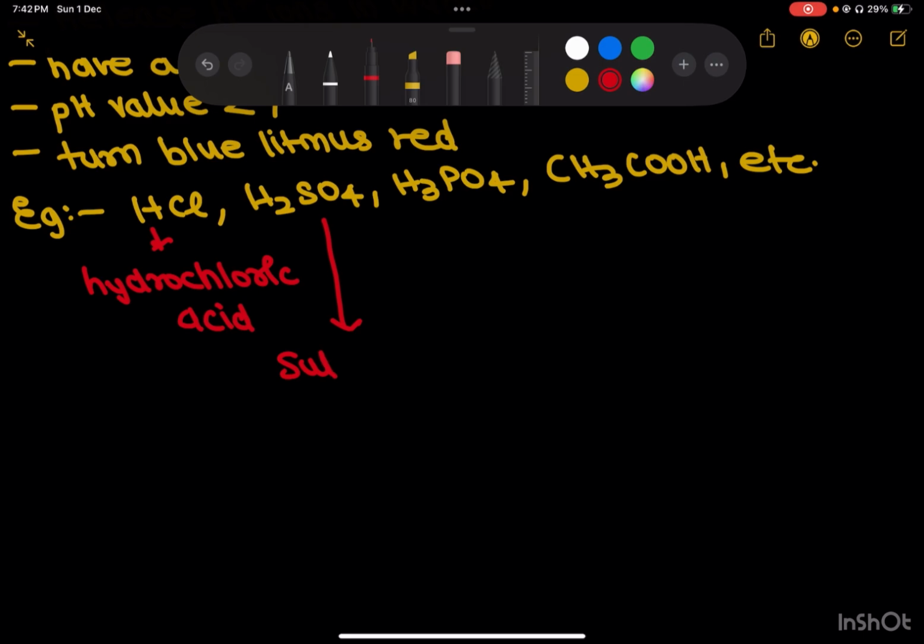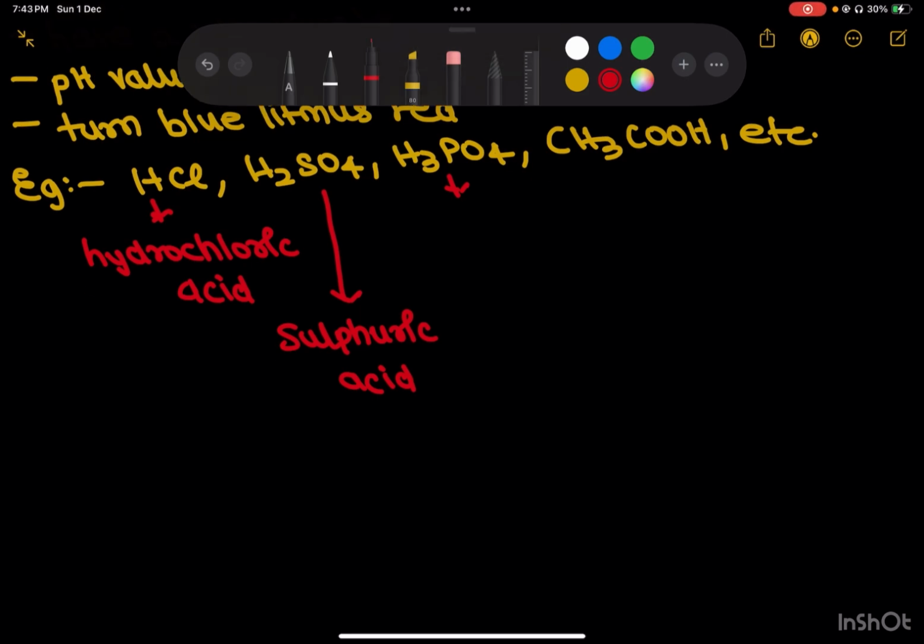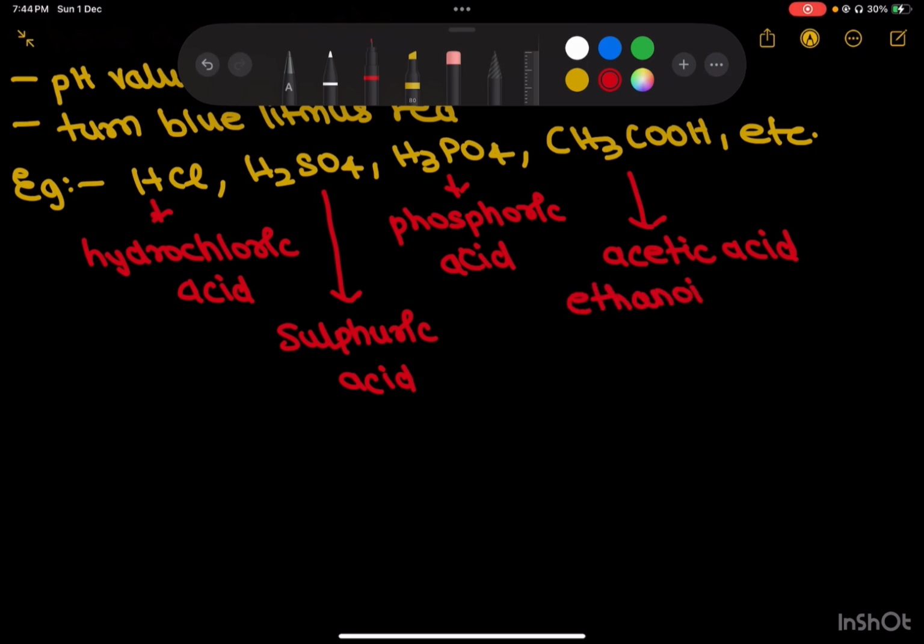H2SO4 is sulfuric acid. H3PO4 is phosphoric acid. CH3COOH is acetic acid, right? This is the common name, and the actual chemical name of it is ethanoic acid, right? So these are a few examples of acids.